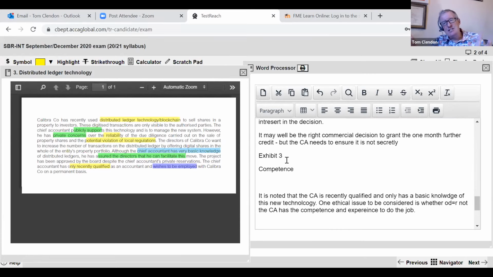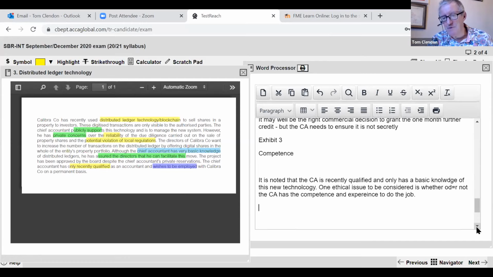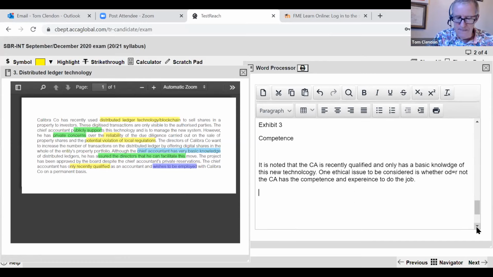Now, it's a bit of a chicken and egg situation, because how do you get the experience with new technology? You can't, because it's new technology. And you can't blame someone for being newly qualified. It may be appropriate for the chief accountant to get training in this area to bring him up to speed.